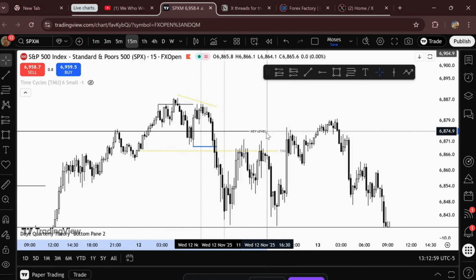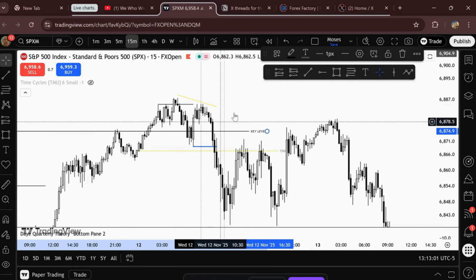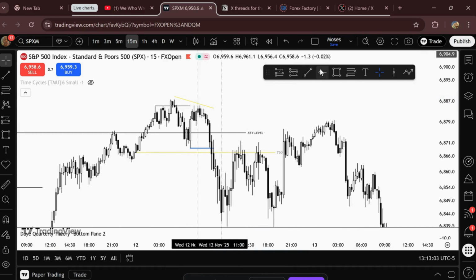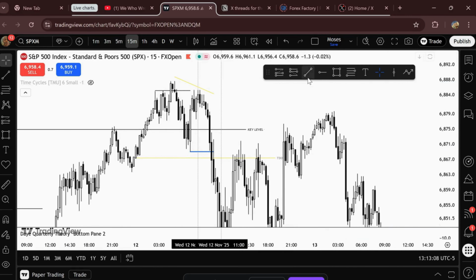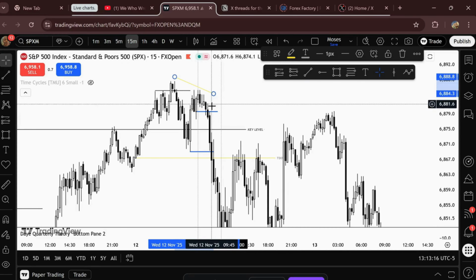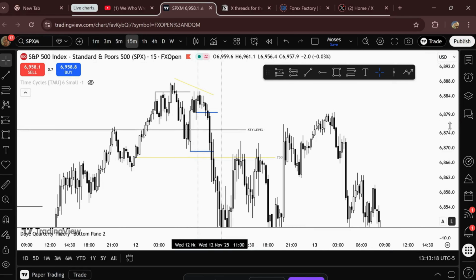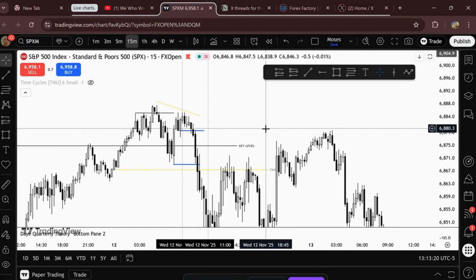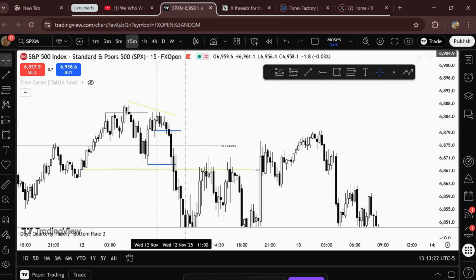Remember, this is the daily order block as a key level. We have price close above the open of this candle as the change in the state of delivery. This was the first change in the state of delivery.